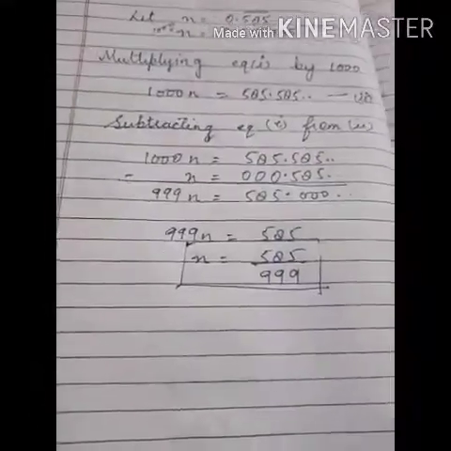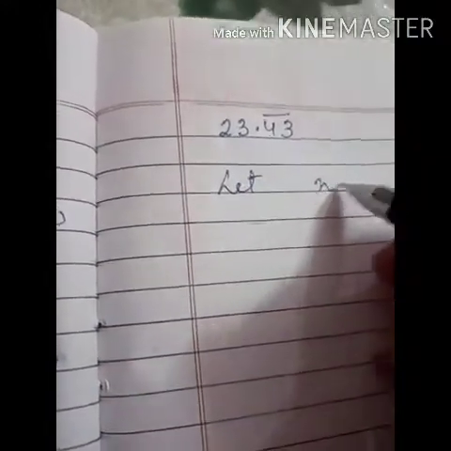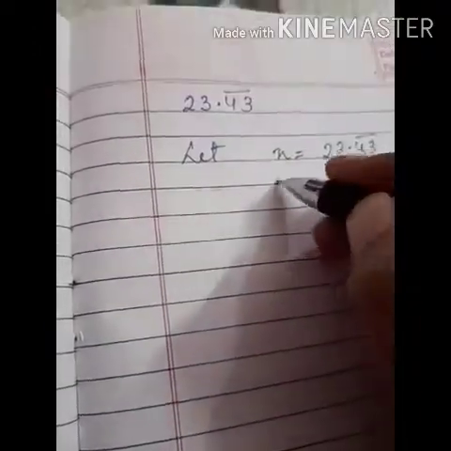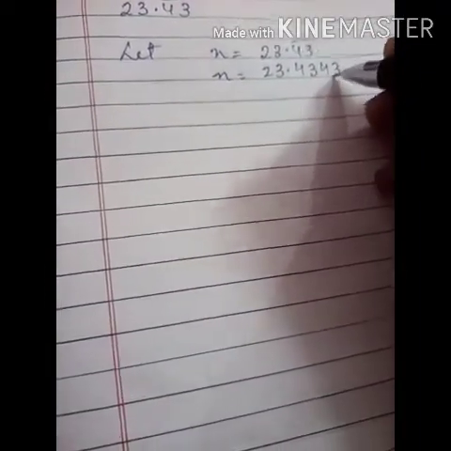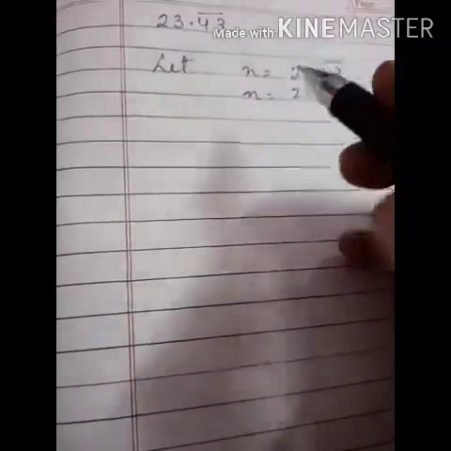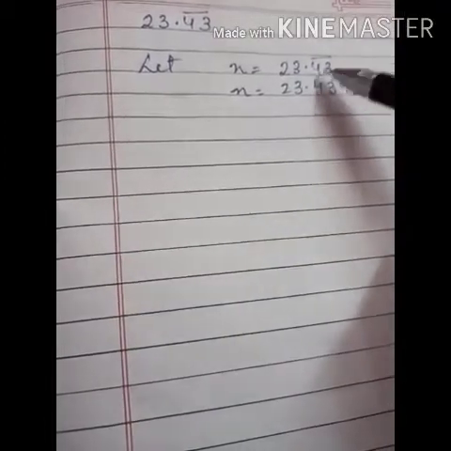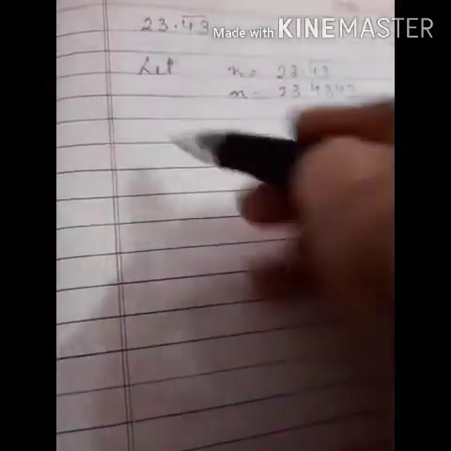Let's take another example. 23.43 bar. Let n equal 23.43 bar, or you can write 23.4343 and so on. Say this equation number 1. Now here 2 digits, 4 and 3, are repeating, so we multiply this equation 1 by 100.